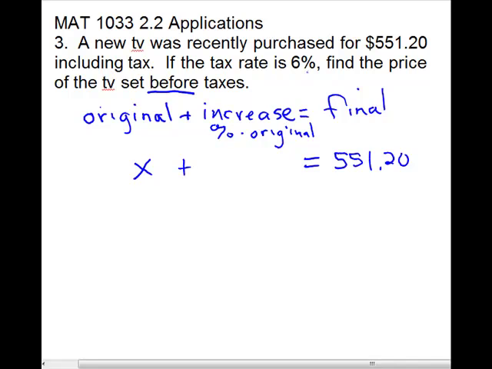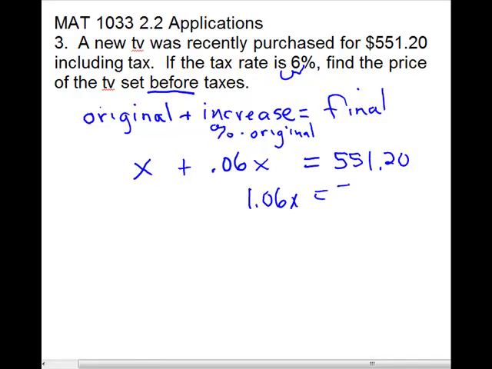My percentage is 6%. Remember, switch to a decimal. So 0.06 times my original, which I called x. So I also need an x here. Now you have an equation. Put your like terms together. Remember, if you don't see a coefficient, it's a 1. So 1 plus 0.06 is 1.06.